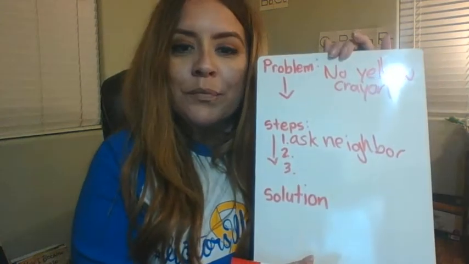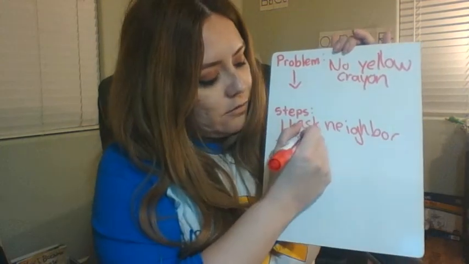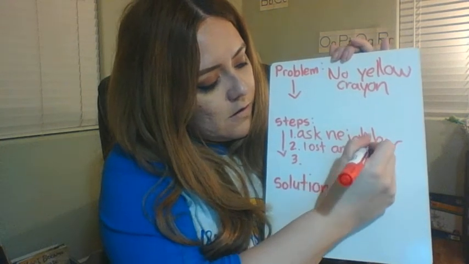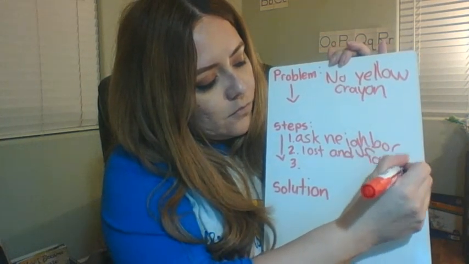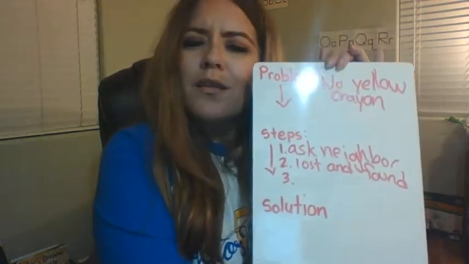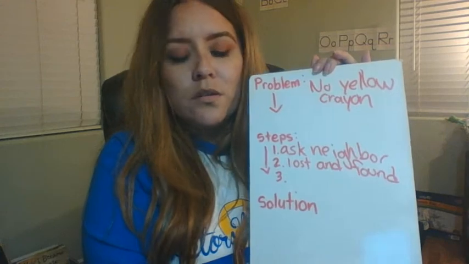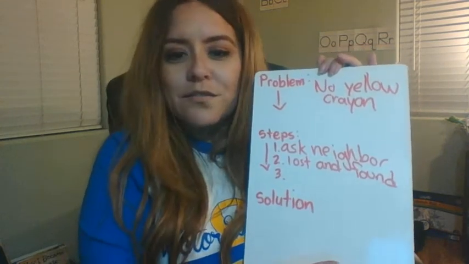Two, I can check the lost and found. I think those are my only two steps here. So I can ask a neighbor to let me borrow theirs, or I can check the lost and found.